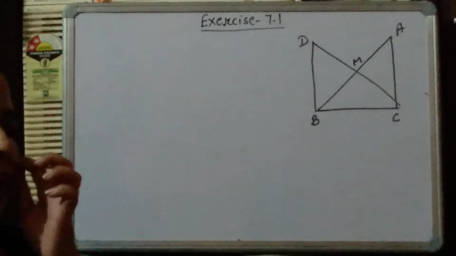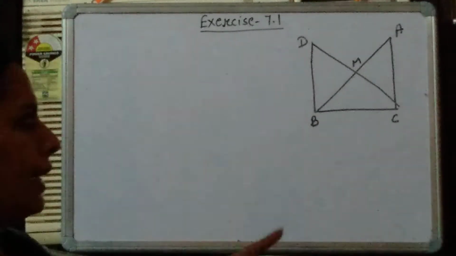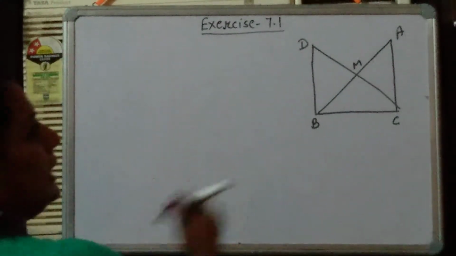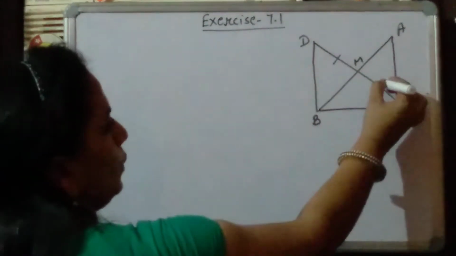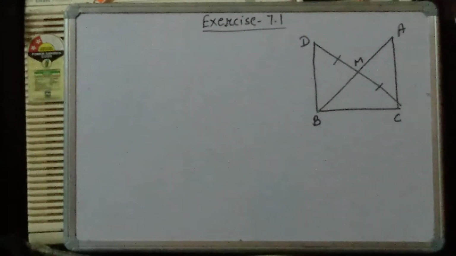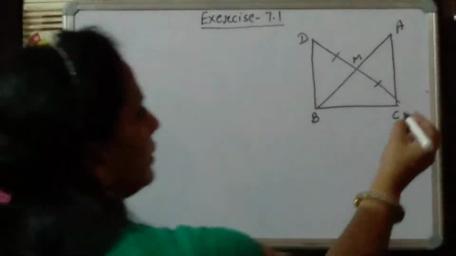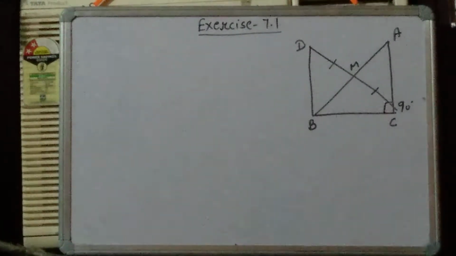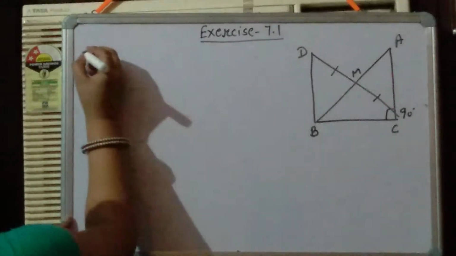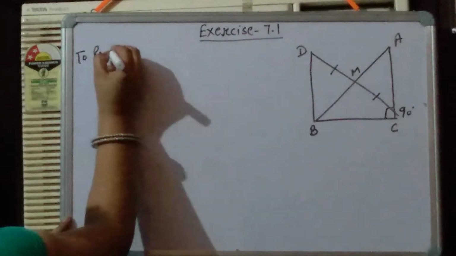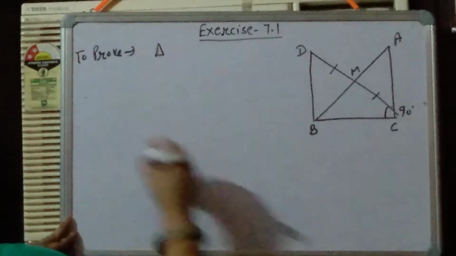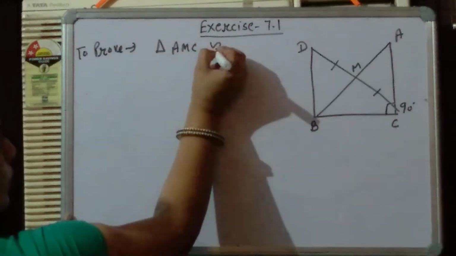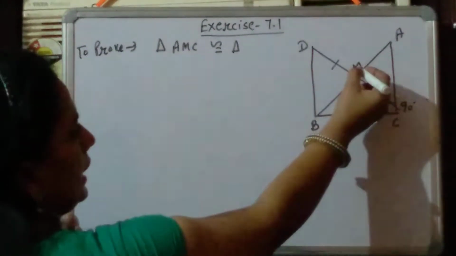In given, you will write from the statement that M is a midpoint of side AB and DM is equal to MC. This is given in the statement. And here at angle C, there is an angle of 90 degrees. You have to show, to prove, we will write that triangle AMC is congruent to triangle DMB.